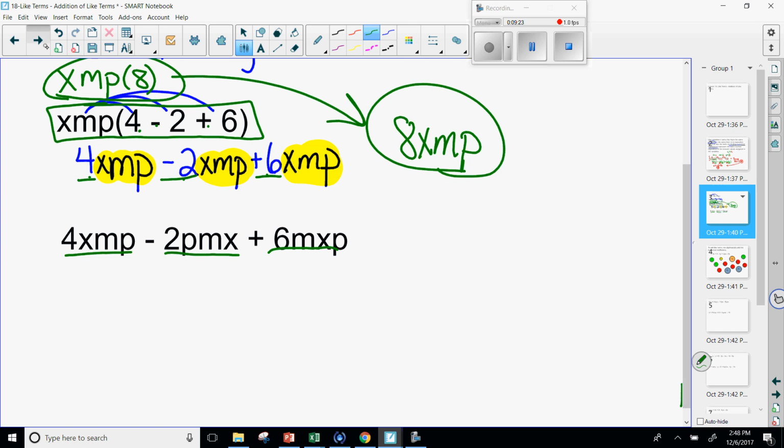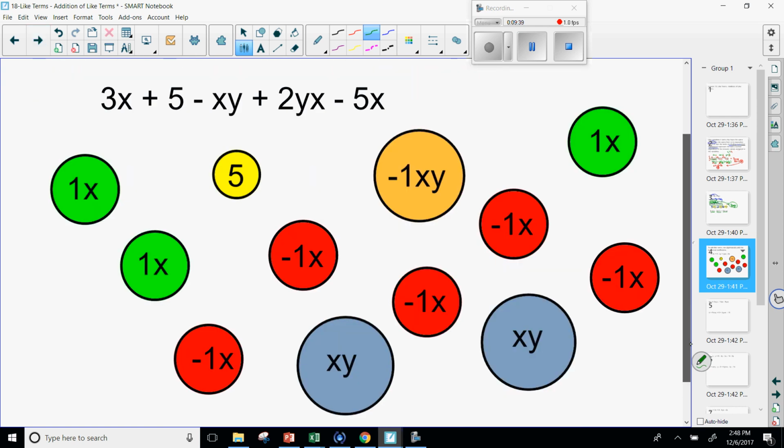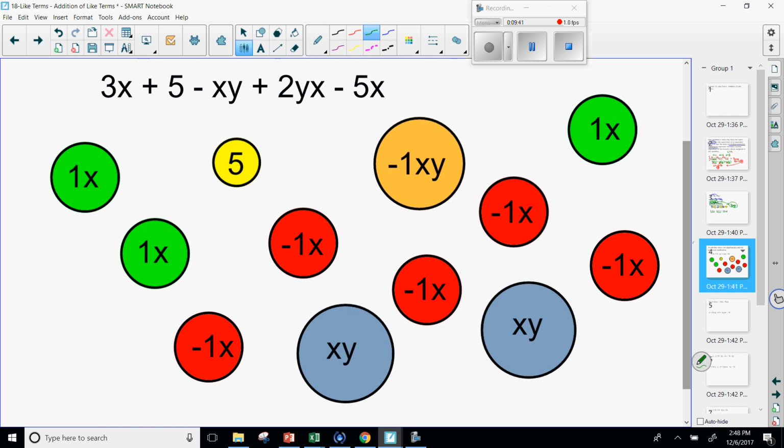So here's how we do it. To add like terms, we algebraically add the numerical coefficients of the like terms. I have the same thing depicted down below with circles. 3x.